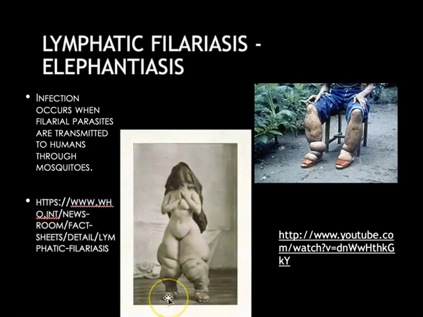This is because the lymphatic capillaries in her lower limbs have been destroyed, and because of that, all that excess fluid that can't return into the blood vessels stays in the interstitial space, causing massive edema, massive swelling, damage to the tissue. Secondary infections can also occur.